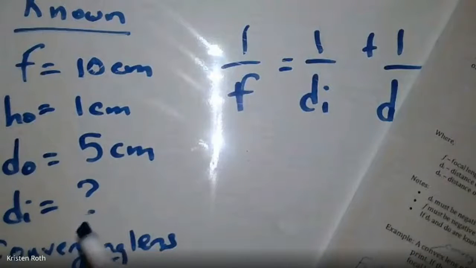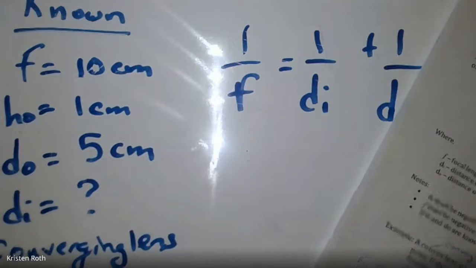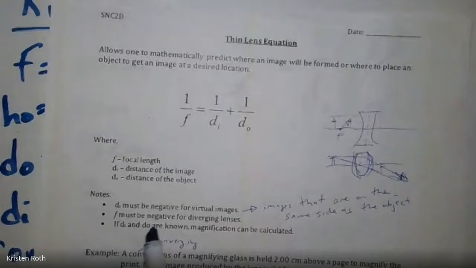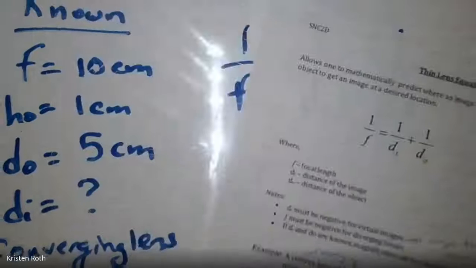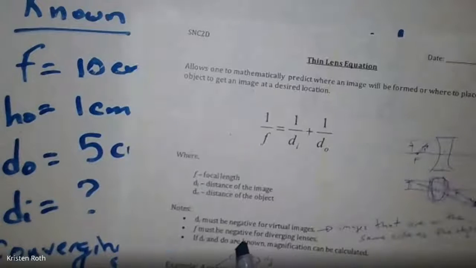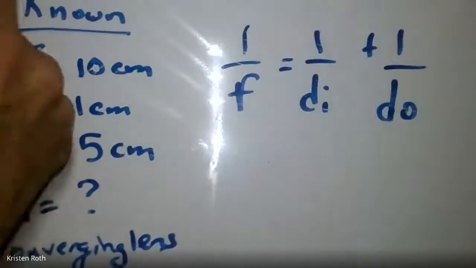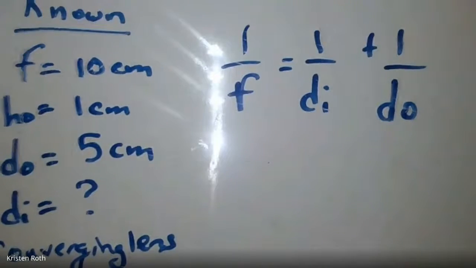Now we're looking for DI, so if it is a virtual image, DI will automatically end up giving us a negative answer. The other thing is F must be negative for diverging lenses. Well, we're dealing with a converging lens, so that piece of information doesn't apply to us right now. Okay, so now we can just fill it out as we go.